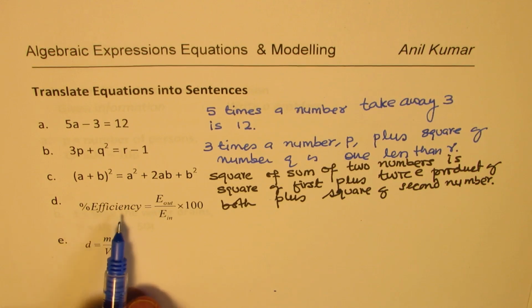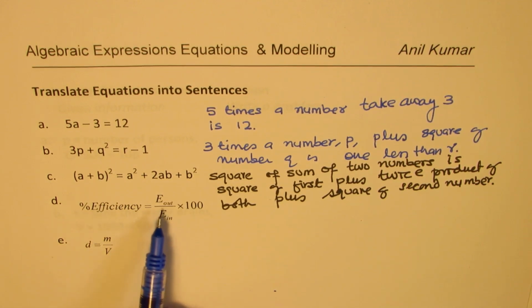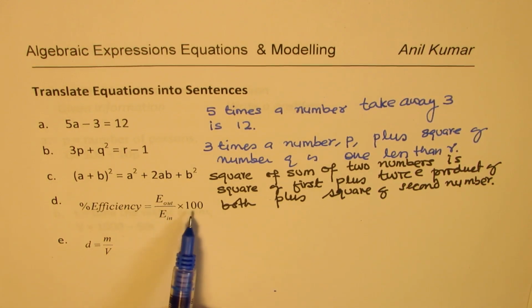Now here we have percentage efficiency as ratio of E output over input times 100.